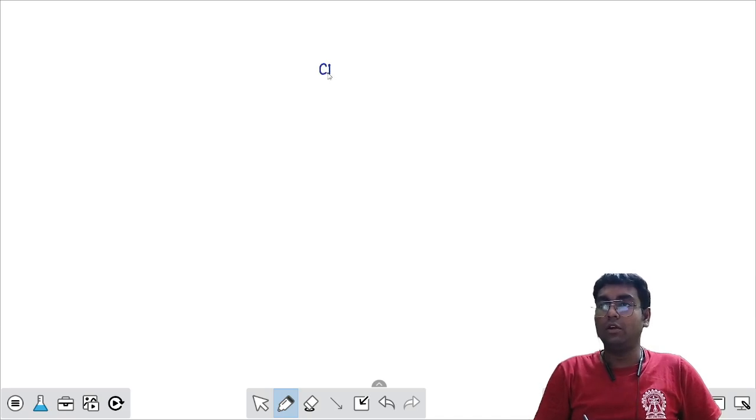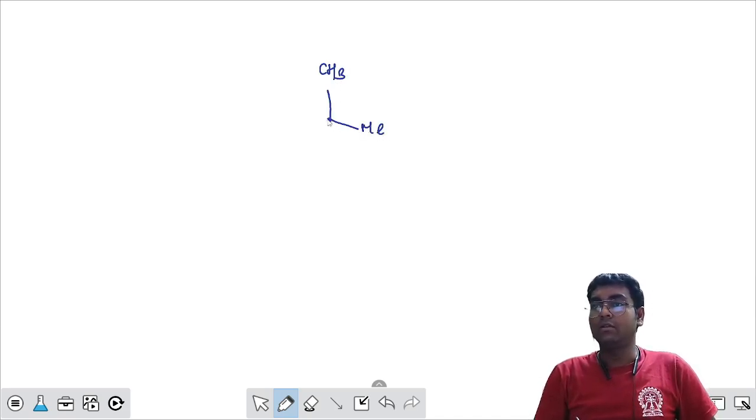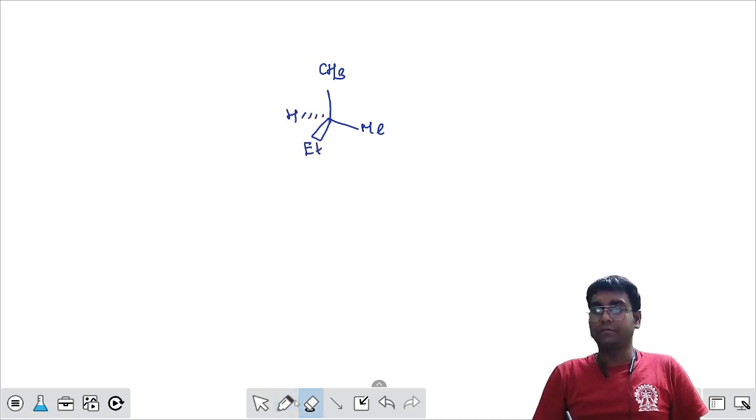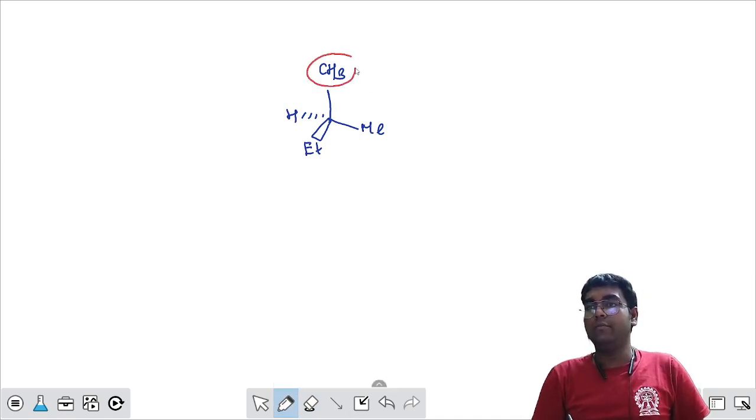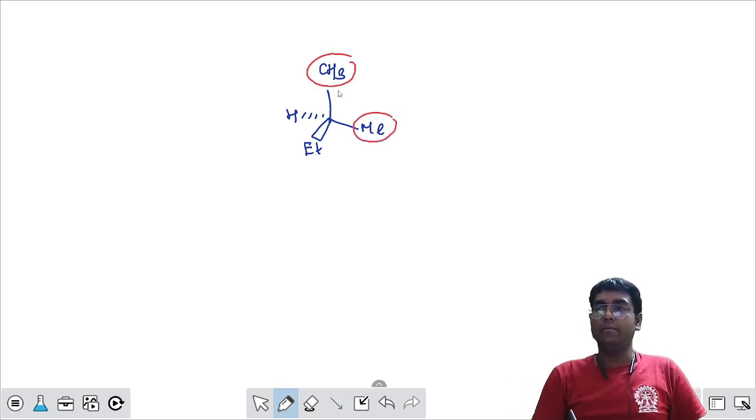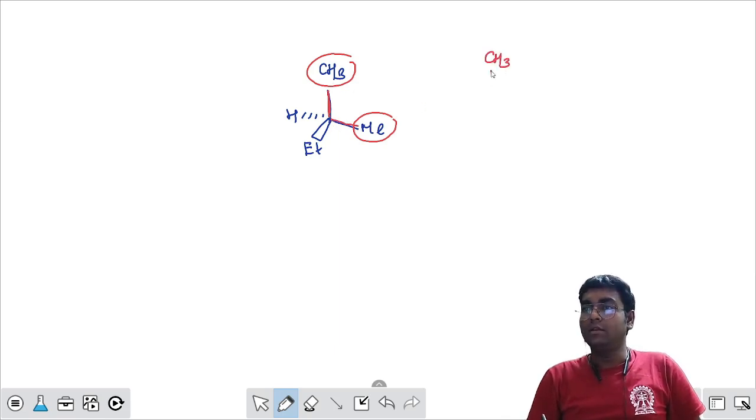So let's draw a flying wedge representation. You can visualize it this way. This was also very easy. Now what you will have to do is that the atoms which are on the plane, we have to make them like this one.